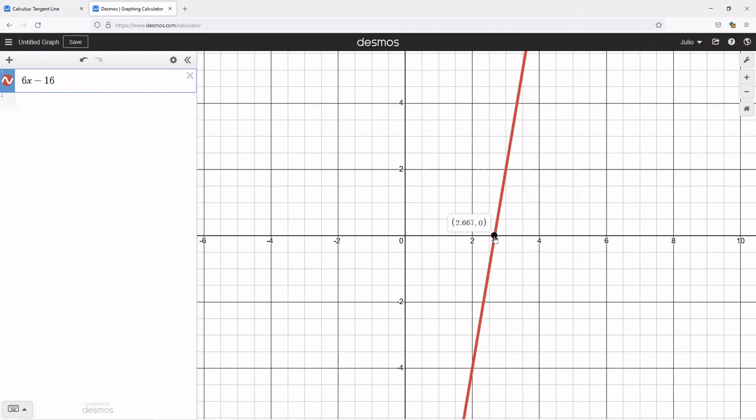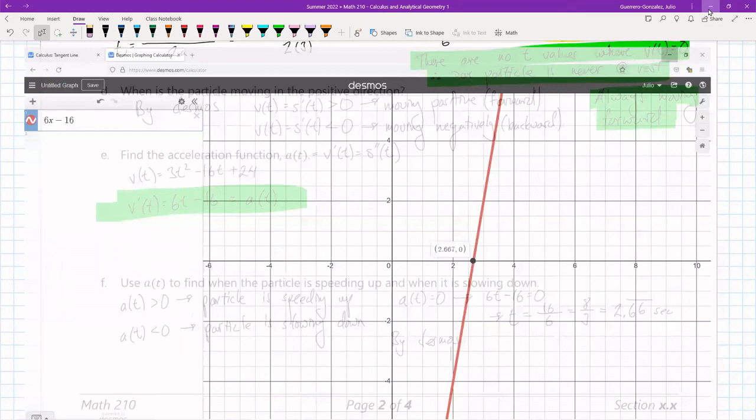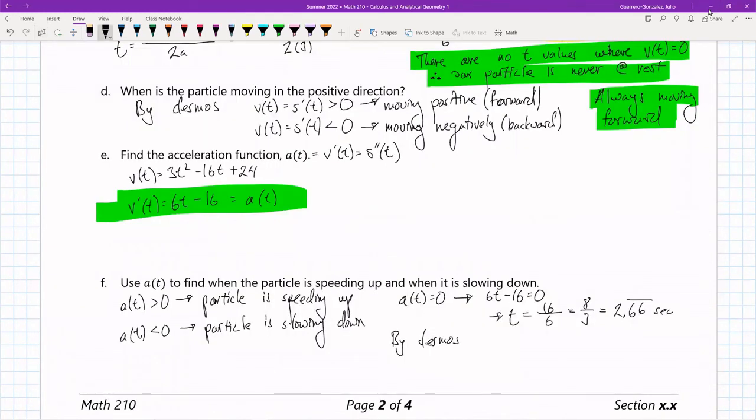It's getting slower. So I'm going to answer that here. After t equals 2.66 seconds, the particle is speeding up.